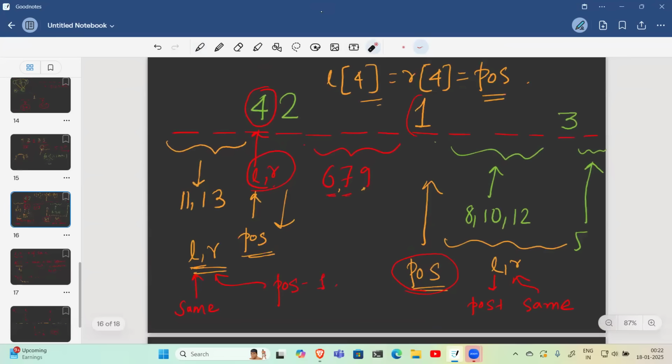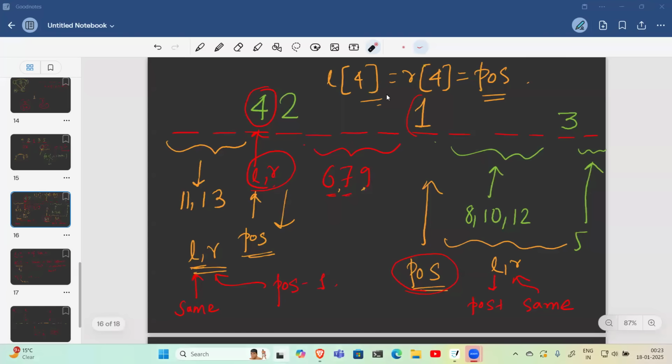Because I can find its position by just looking at the graph. If I look at all of its neighbors, all the neighbors of I will always be on the right side of the array, and all other elements will be on the left side. That way I can find the position, and then I can break the problem into smaller subparts.